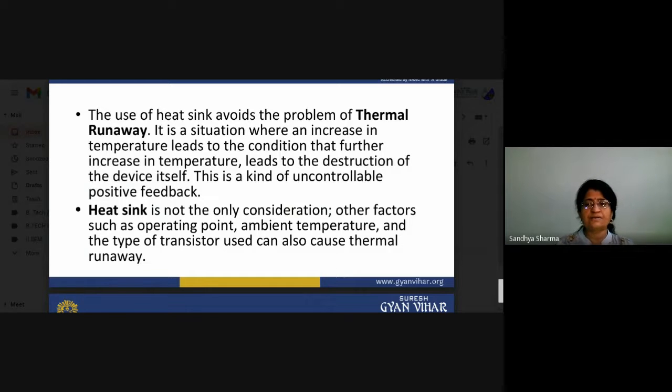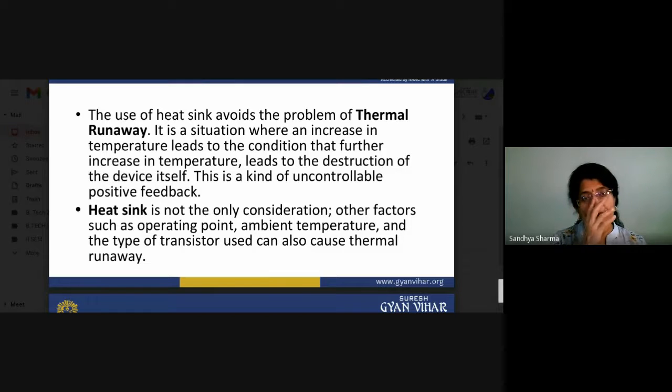We have already studied biasing: we apply some DC supply so that our transistor works in the proper region. If your temperature increases, your operating point will also change, and your biasing will be disturbed.